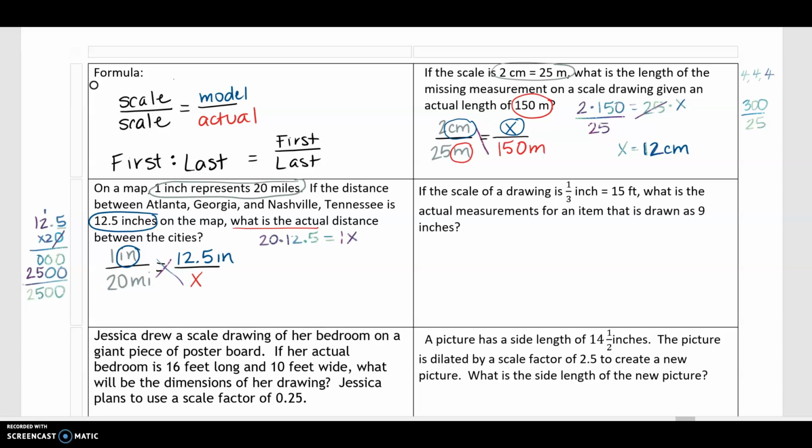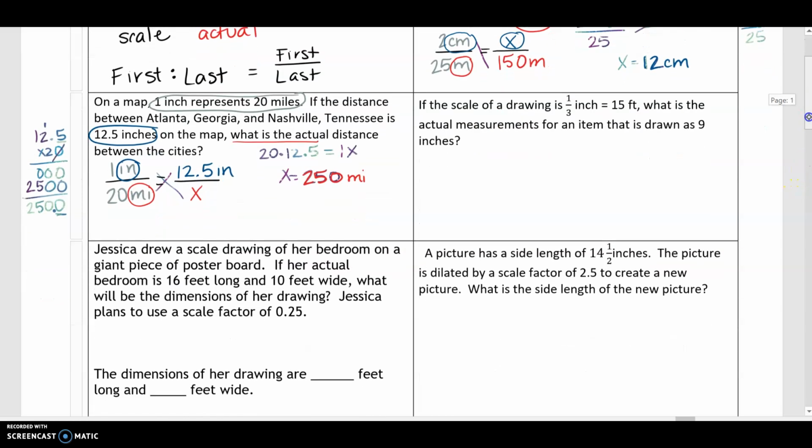I have one number to the right of the decimal, so one number to the right of the decimal. Okay, so x is equal to 250. And since it's here on the bottom, we have x is equal to 250 miles. Okay. All right, let's go ahead and check out the next one.